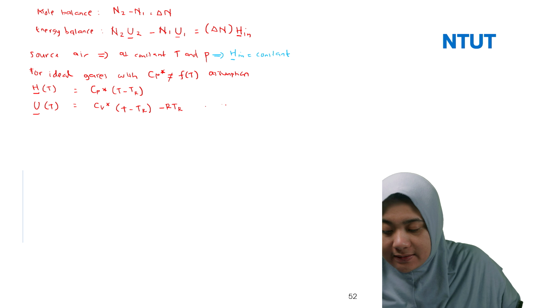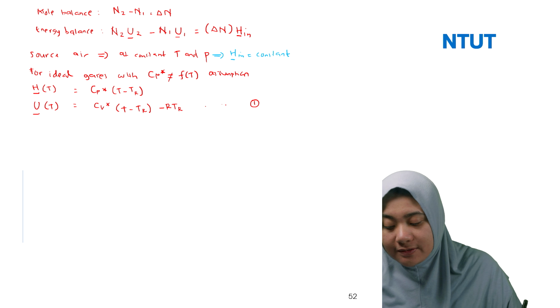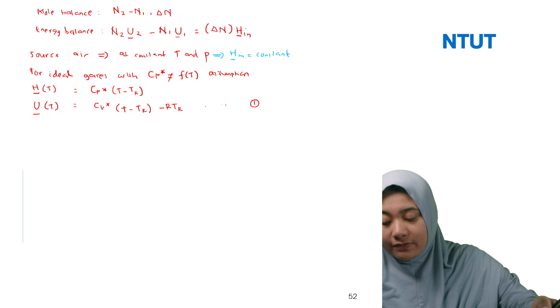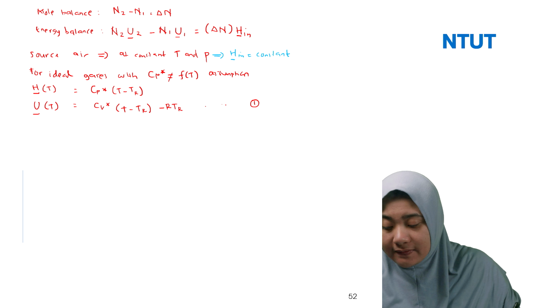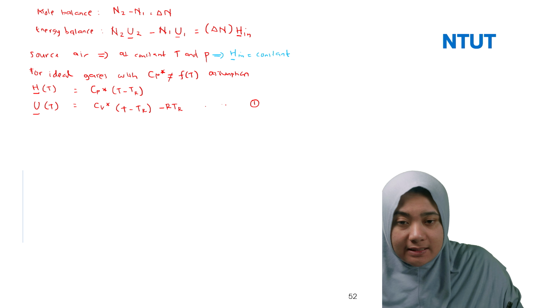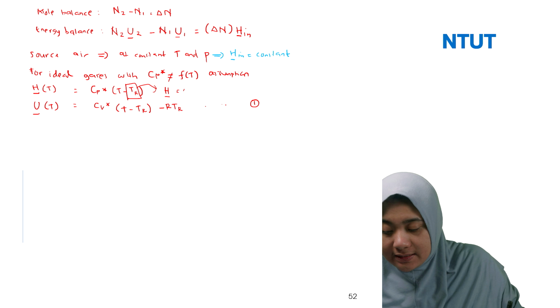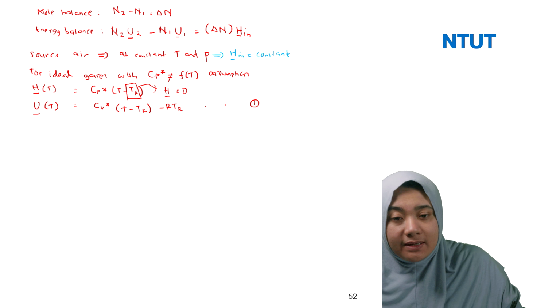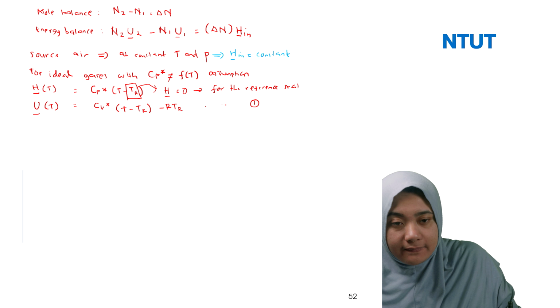This is the first equation, or in your textbook it is equation 2.48, I think. And here this is the reference state. The reference state we can assume to be 0 because it's an ideal gas. So Tr is equal to 0, or you can say H is equal to 0 for the reference state.